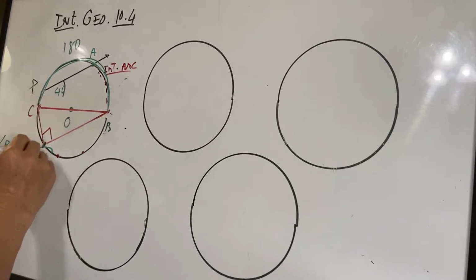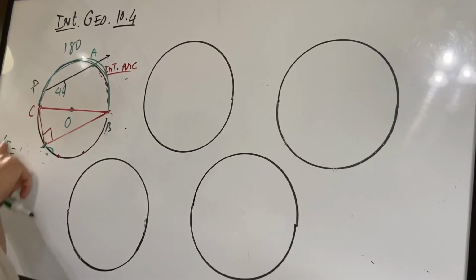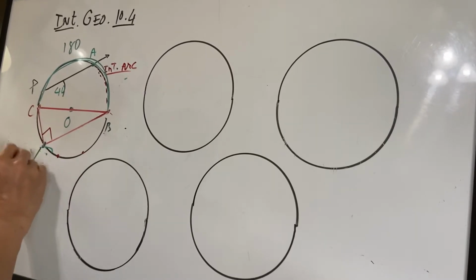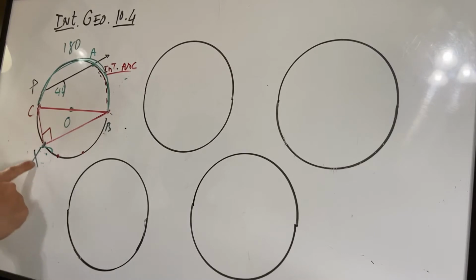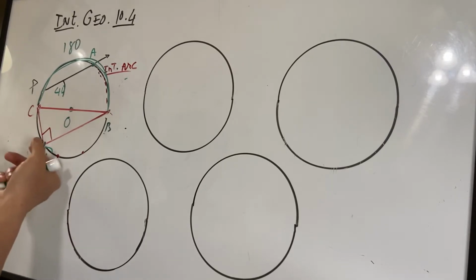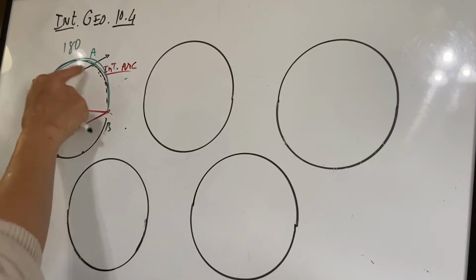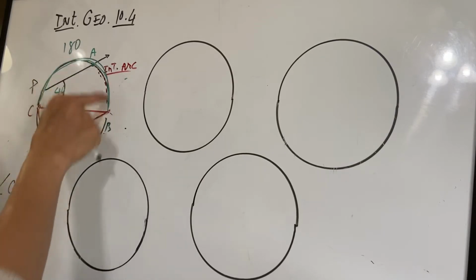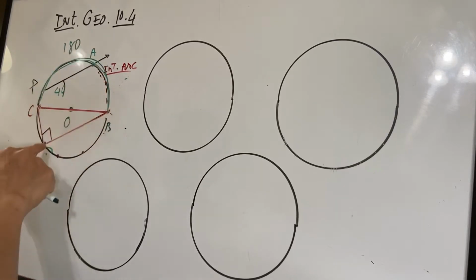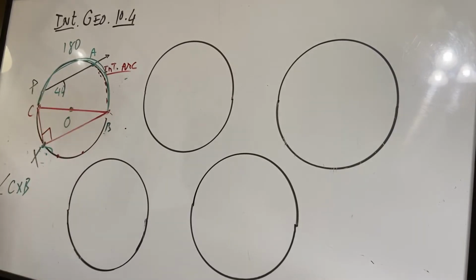So angle CXB is an inscribed angle with the intercepted arc, semicircle CB. Since CB is 180, this angle is half of that, 90.